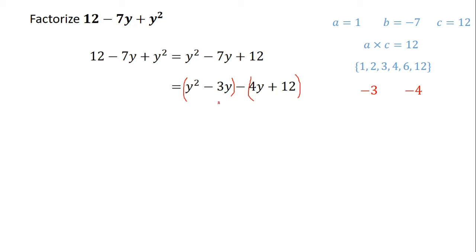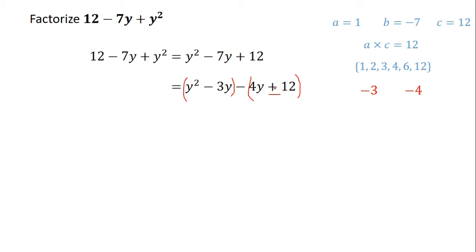But from the videos on algebraic expressions, we learned that whenever we put brackets around two terms and there's a negative sign outside the bracket, the sign inside the bracket changes to the opposite sign. So here, because there's a negative sign outside the second bracket, the positive sign here will change to negative.